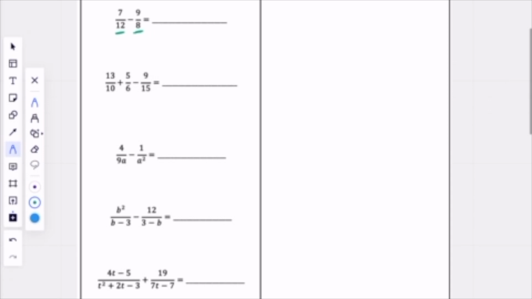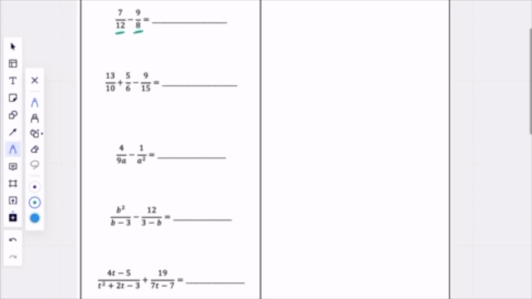So I'm going to be thinking about a least common multiple or least common denominator of those values of 12 and 8. Okay, so thinking about this, 8 is not a factor of 12, right? So I can't just do something to the fraction with 8 as the denominator and turn it into 12.